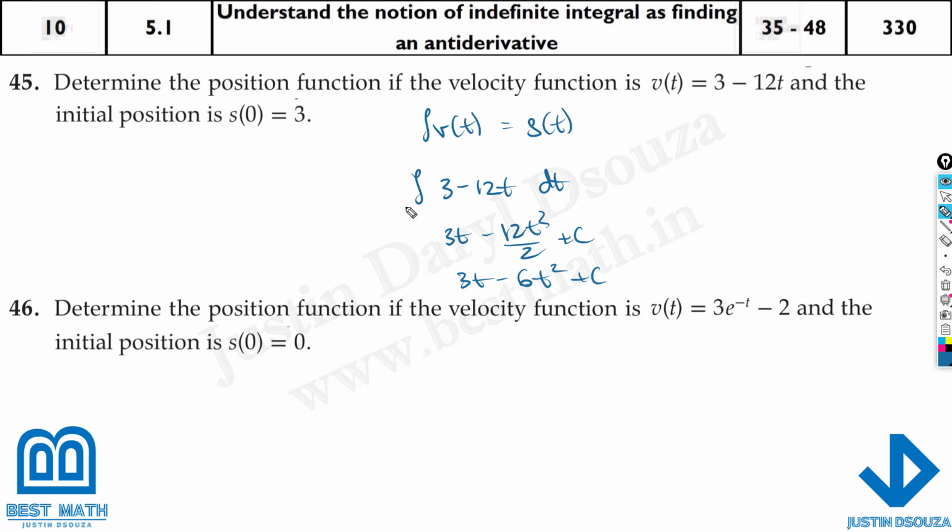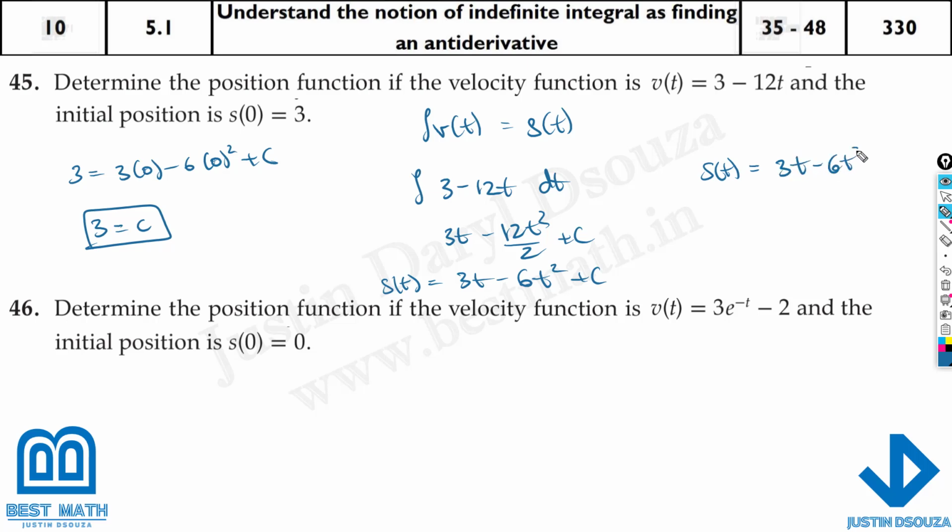Now here we have the initial position of 3, that is equal to 3 times 0. This s of t will be equal to, wherever t is there, you put 0, minus 6 times 0 squared plus c. So the value of c is 3. So the final answer, the position function s of t, is given as 3t minus 6t squared plus 3.